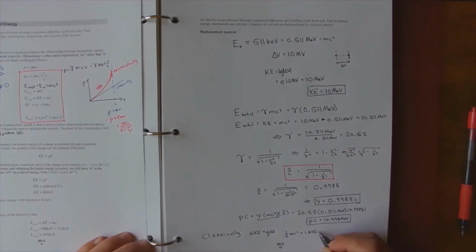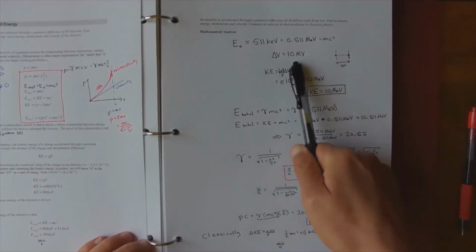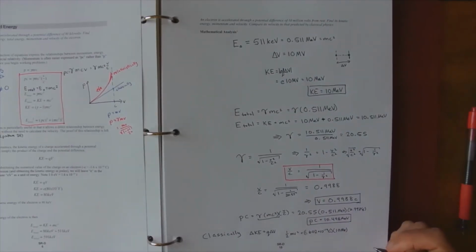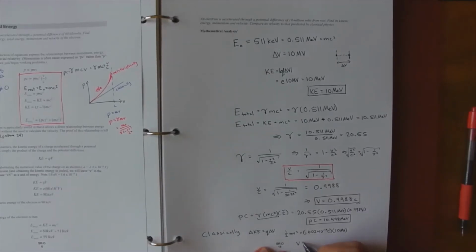1.602 times 10 to the negative 19th coulombs times the change in potential, which is 10 megavolts. And then I have to divide by the mass and multiply by 2 and take the square root in order to find the velocity.